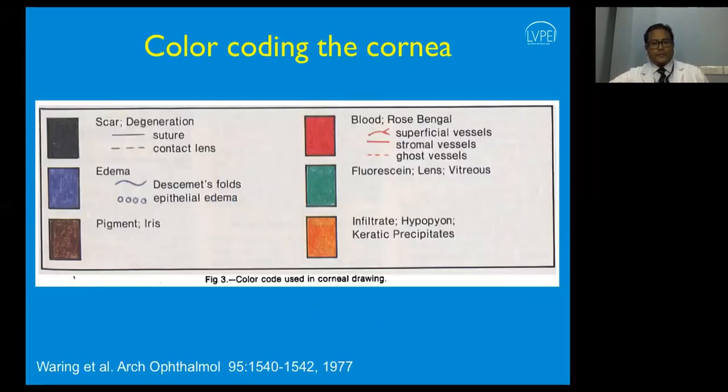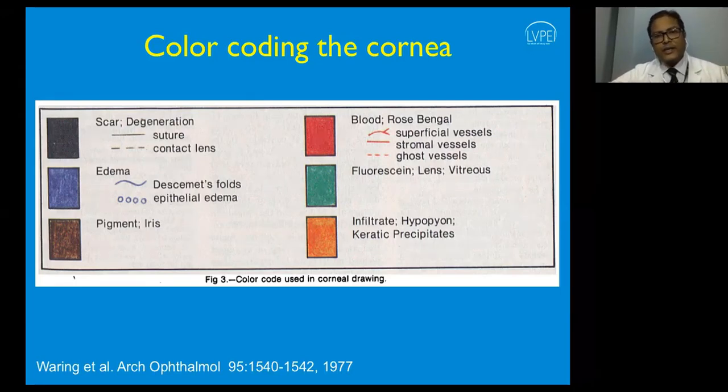Apart from that, it's very important to draw the ulcers in the part of your examination sheet, not only as a way of accurately documenting the ulcer but also as a teaching tool, where residents in training can really benefit a lot by appropriately color coding the corneal ulcer and also progressively seeing how the ulcer changes over a period of time.